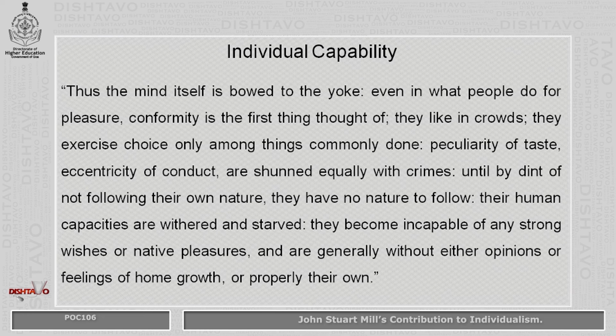Peculiarity of taste, eccentricity of conduct are shunned equally with crimes, until by dint of not following their own nature, they have no nature to follow. Their human capacities are withered and starved. They become incapable of any strong wishes or native pleasures, and are generally without either opinions or feelings of home growth, or properly their own growth.